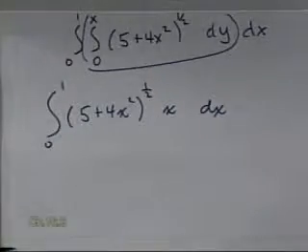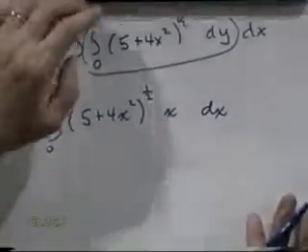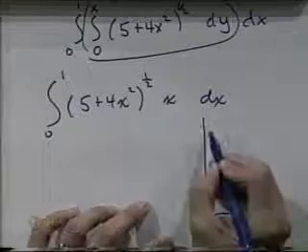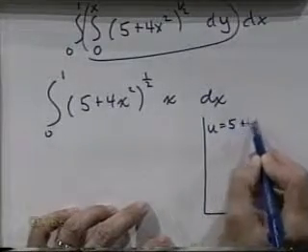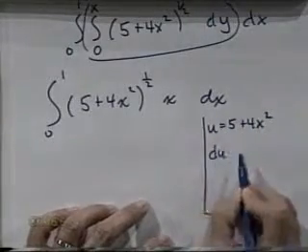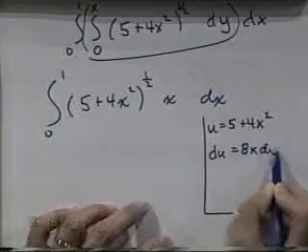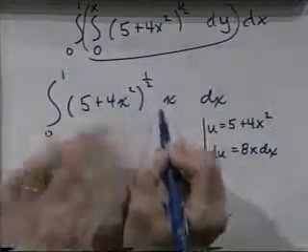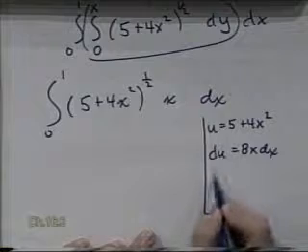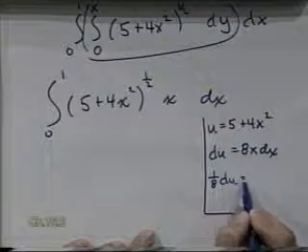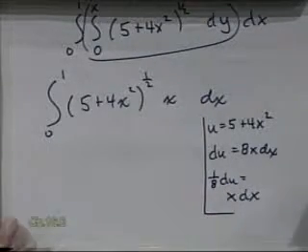And now what am I going to do? U substitution. Piece of cake. I think I'm going to let my u be 5 plus 4x squared. So du is 8x dx. If you don't like putting the 8 here and the 1/8 here, you can multiply by 1/8 on both sides and say 1/8 du is x dx.